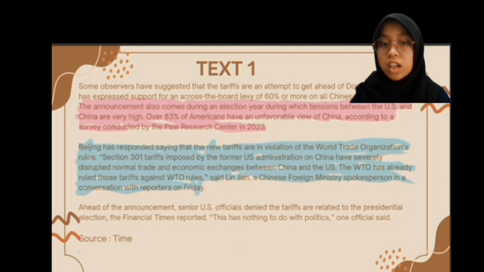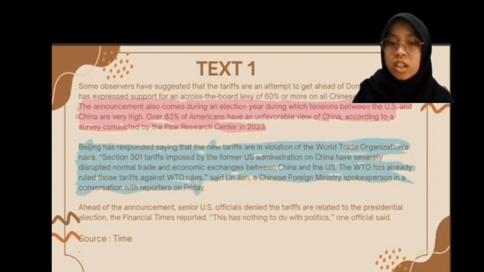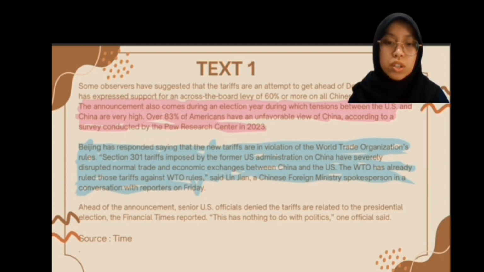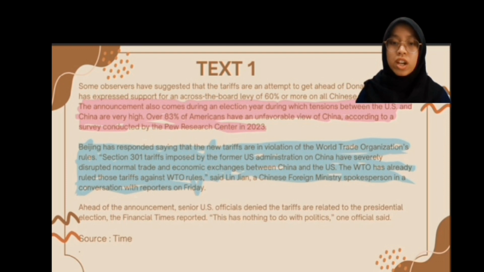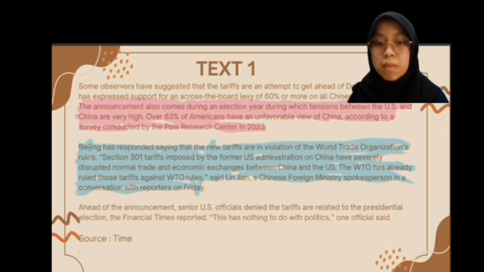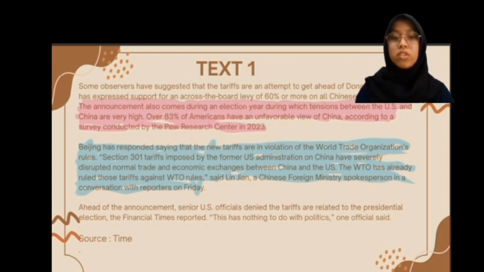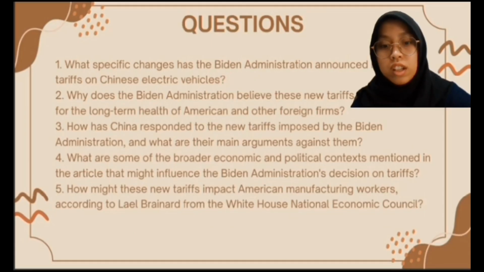And the announcement will also come during an election year during which tension between the US and China is very high. Over 83% of Americans have an unfavorable view of China, according to a survey conducted by the Pew Research Center in 2023.